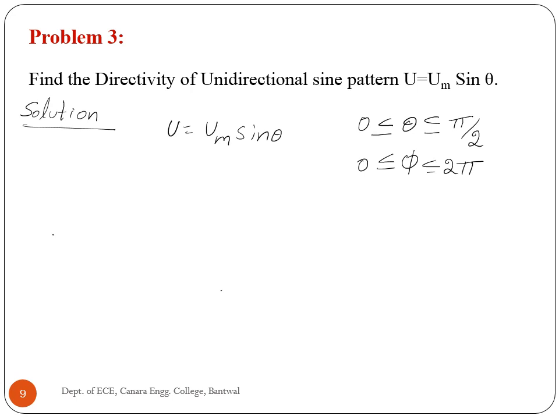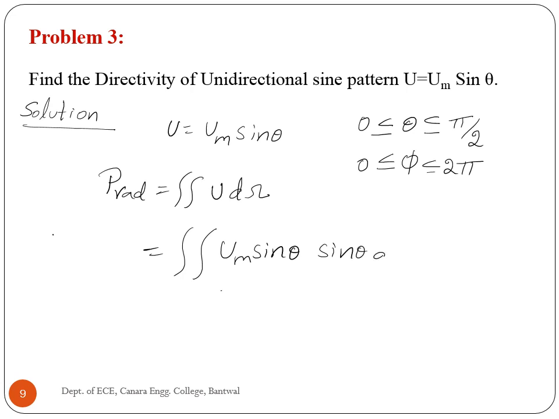To find out the directivity, we have to find out the radiated power, which is integral of the given pattern into d omega, which is equal to integral of U, that is Um sin theta, d omega, sin theta d theta d phi.